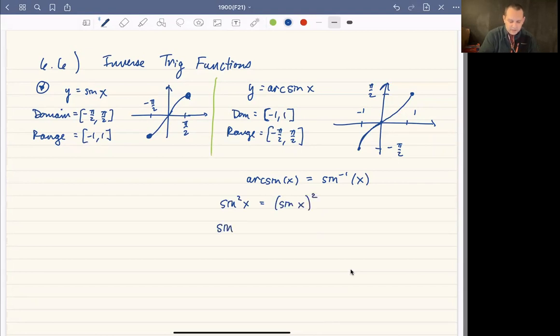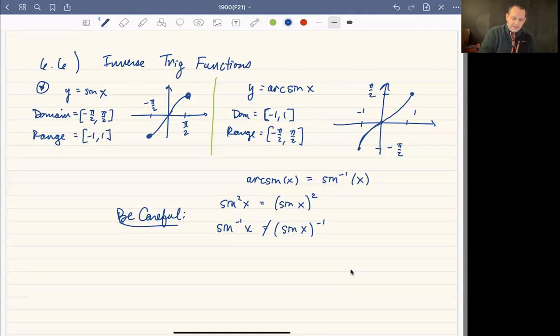But with this notation, the inverse sine is a new function. It does not mean sine of x to the negative 1. So just be careful. That ambiguity is the big reason why people use the arcsine terminology. So arcsine is the inverse sine function with the specific domain and range.